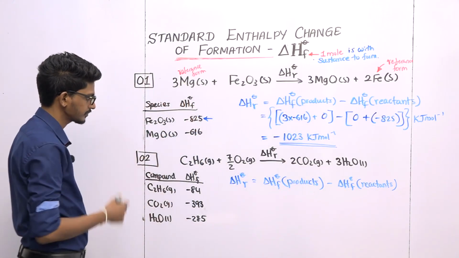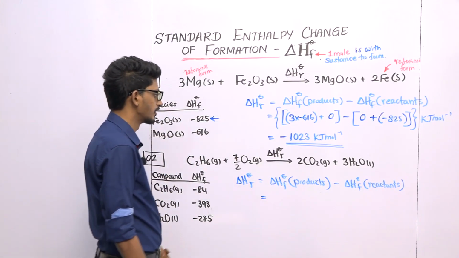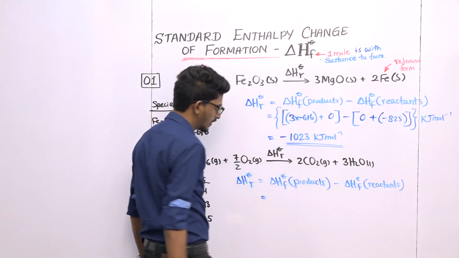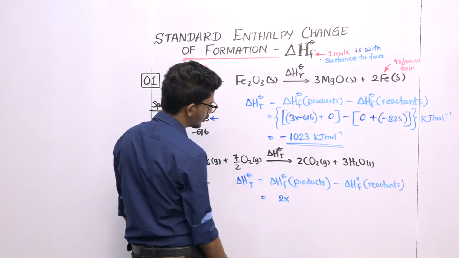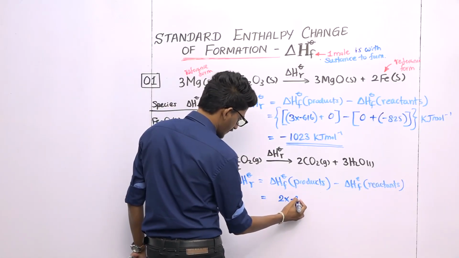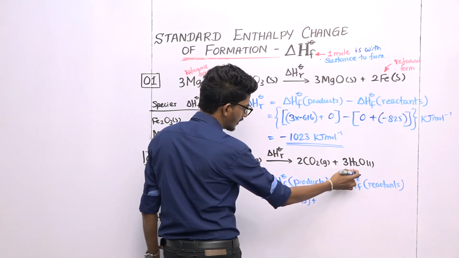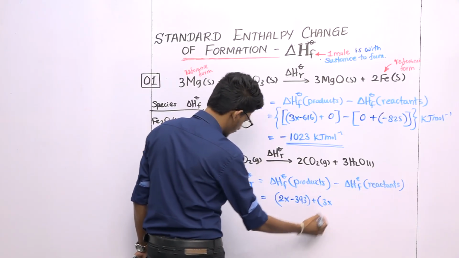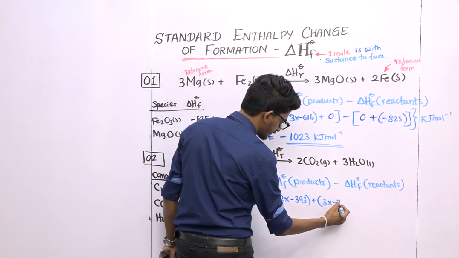Let's do the substitution. As products, you have CO2 and H2O. 2 CO2s are appearing, so 2 into CO2's formation, which is minus 393, plus 3 into H2O's formation, which is minus 285.